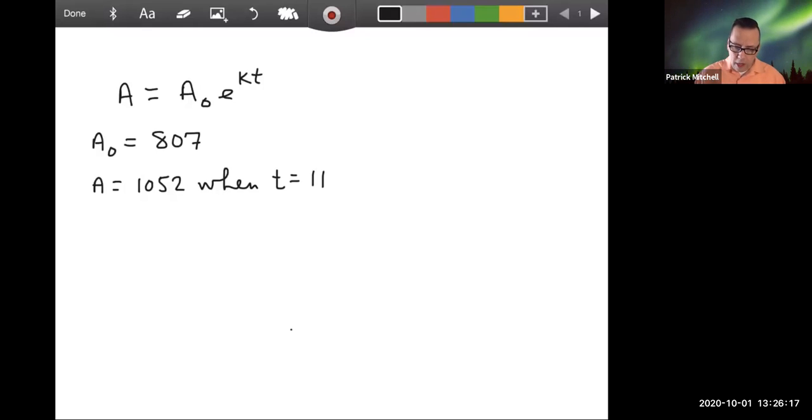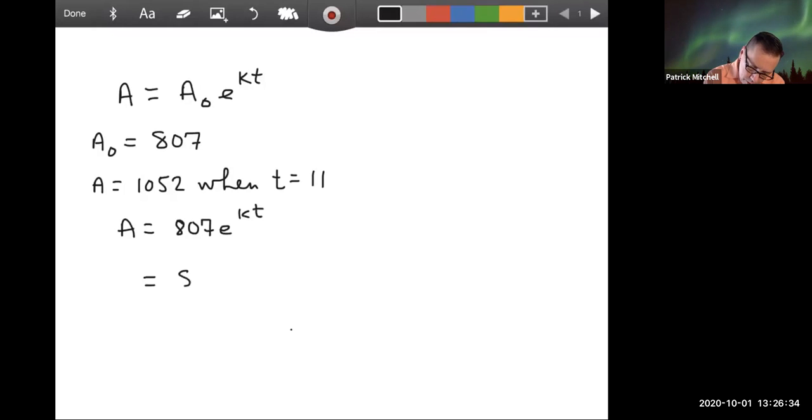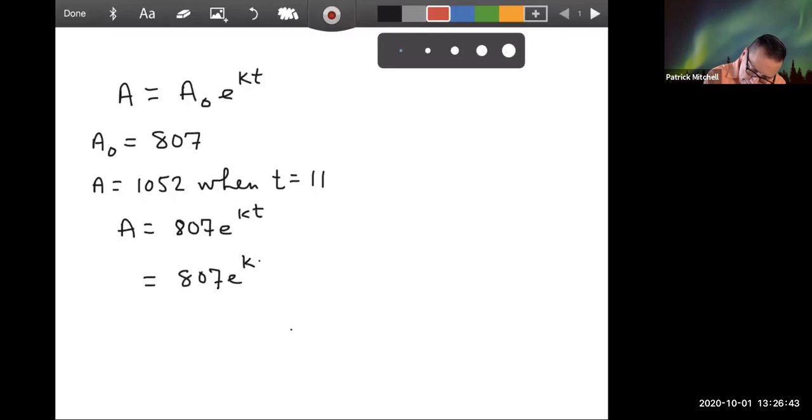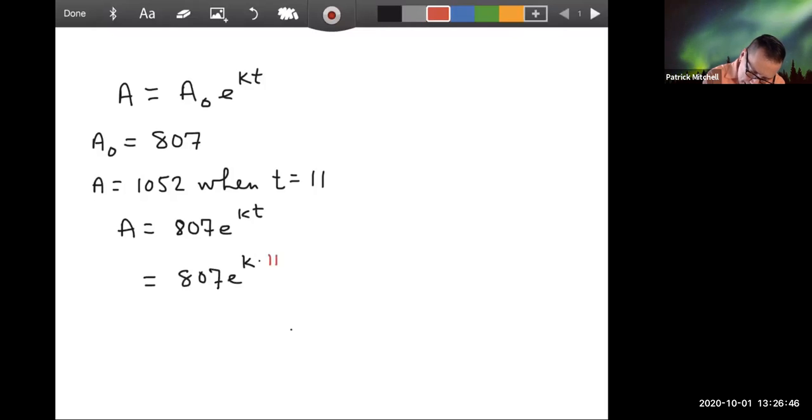All right, so I'm going to put in the information that I have. So first I'm going to say A equals 807 times e to the kt. And now I know that when t equals 11, A equals 1,052.